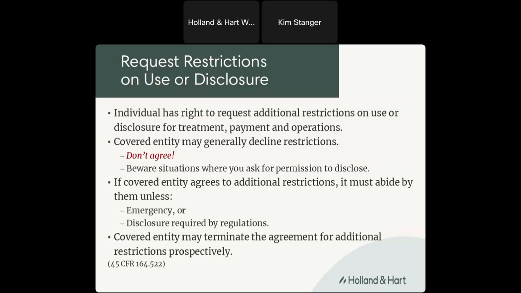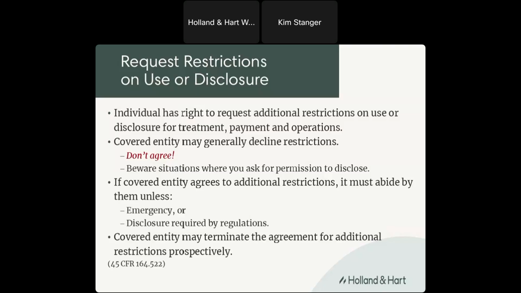But guess what? You don't have to agree to the restriction. It says that the patient has a right to request it, but you don't have to agree. And my advice is never agree. Don't ever put anything in your documents that says something to the effect that we will only make disclosures if you authorize it, because you don't live up to that.